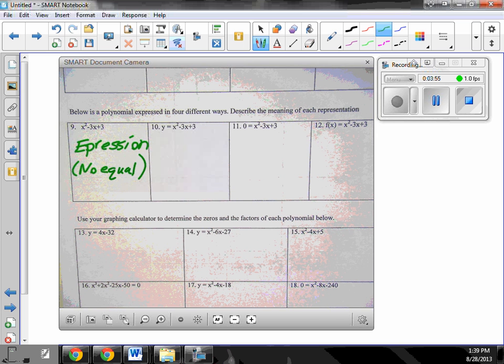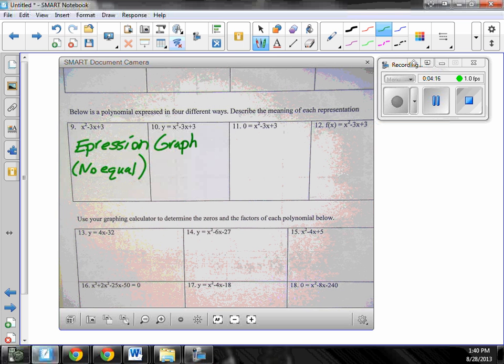And it's just some variables and numbers put together. It doesn't have a lot of meaning in that form. Okay? The second one is y equals. This is the equation of a graph or a curve.